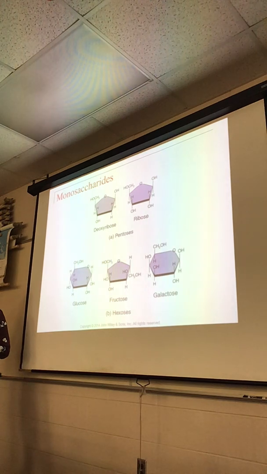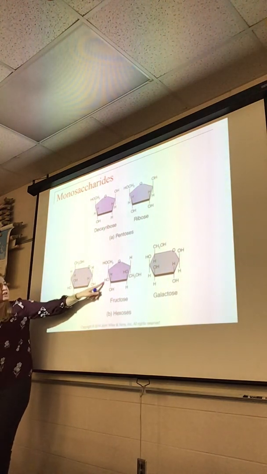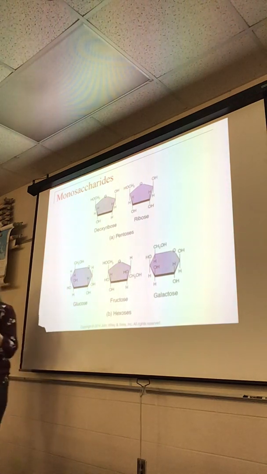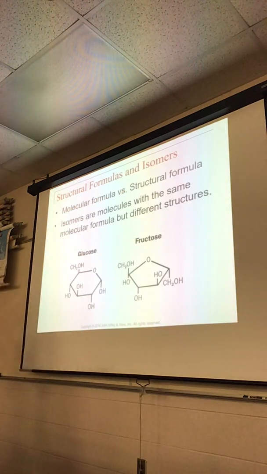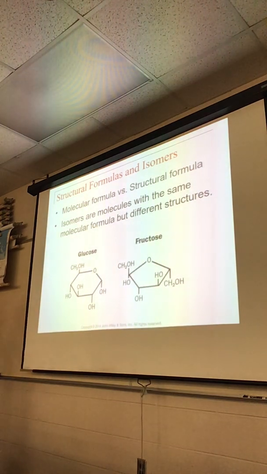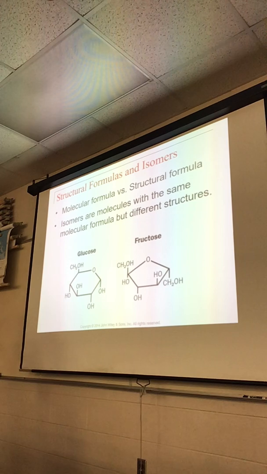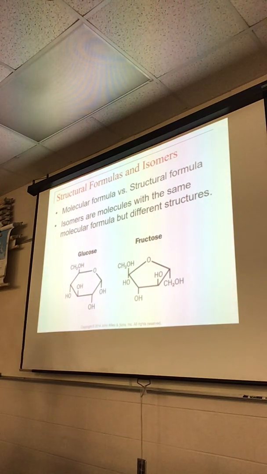Isn't that interesting? They have the same molecular formula, but the positioning of their atoms, or their structural formula, is different. There is a name for that. Things that have the same molecular formula but a different structural formula are called isomers. So maybe highlight that word. An isomer means that two compounds have the same molecular formula, same number of atoms, but their structural formula is different.